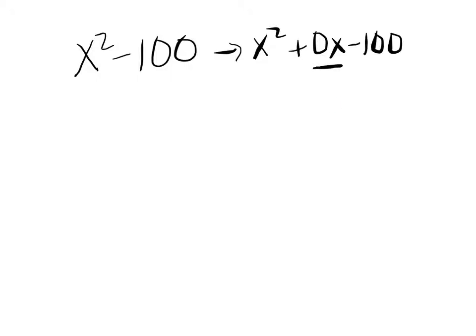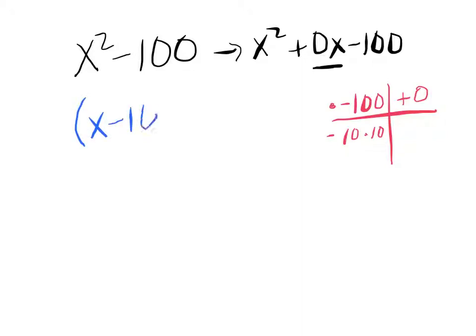So if we were to make our table, we're looking for numbers that multiply to be negative 100 and add to be 0. We're looking for opposites. So 100 is a perfect square. That's 10 times 10. If we make one of them negative, we're going to multiply to get negative 100. So our answer is x minus 10 times x plus 10.